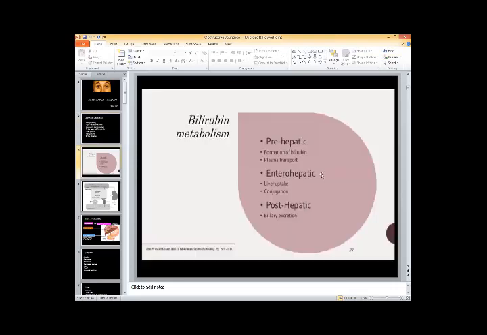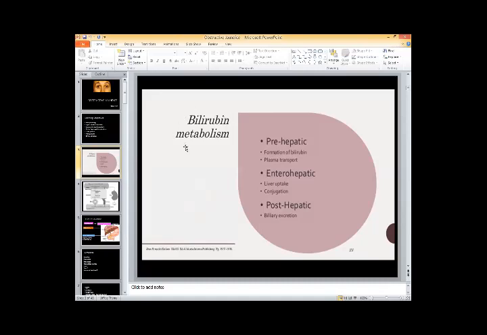So we will just start with the metabolism of bilirubin. The definition of jaundice is the yellow discoloration of skin and sclera. This yellow discoloration is because of a yellow pigment in the blood, and this yellow pigment present in the blood is bilirubin.